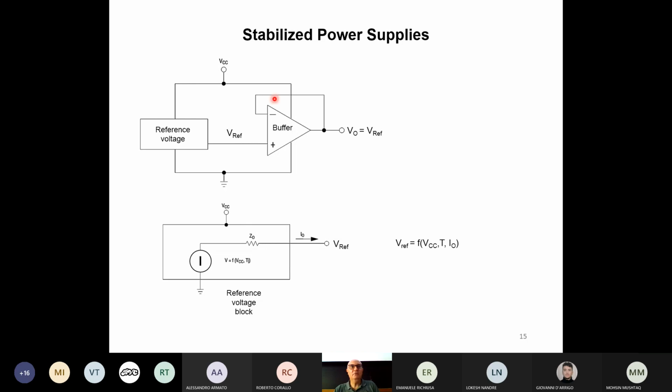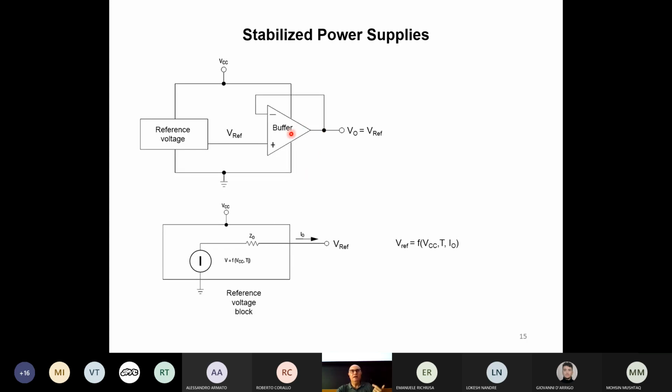A buffer basically is a circuit that has a high impedance at the input, so that the voltage reference circuit will not be loaded and will be very stable. But then this buffer has inside some power electronics that is able to supply a very strong current, keeping the right voltage.